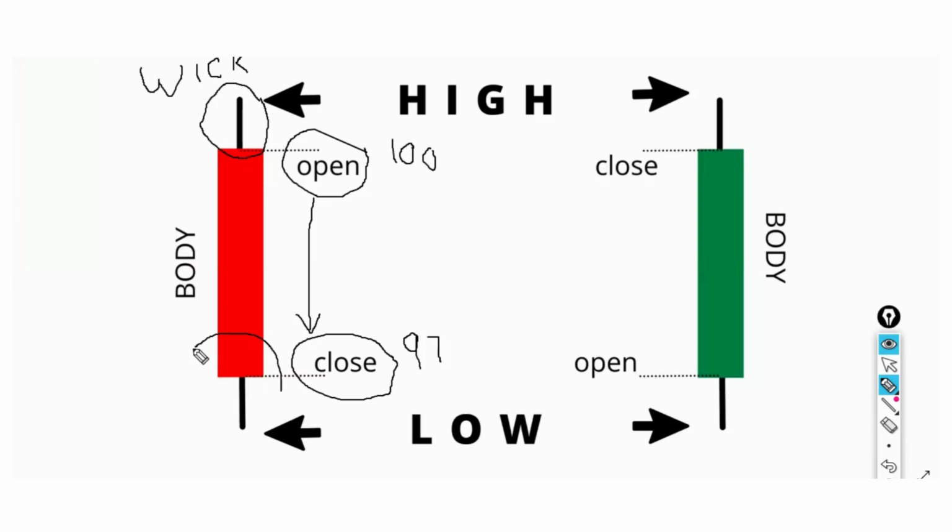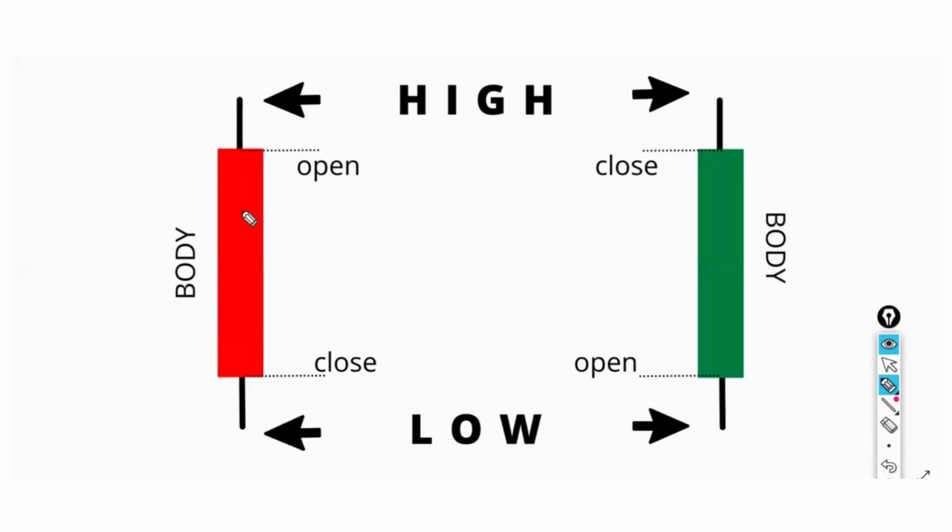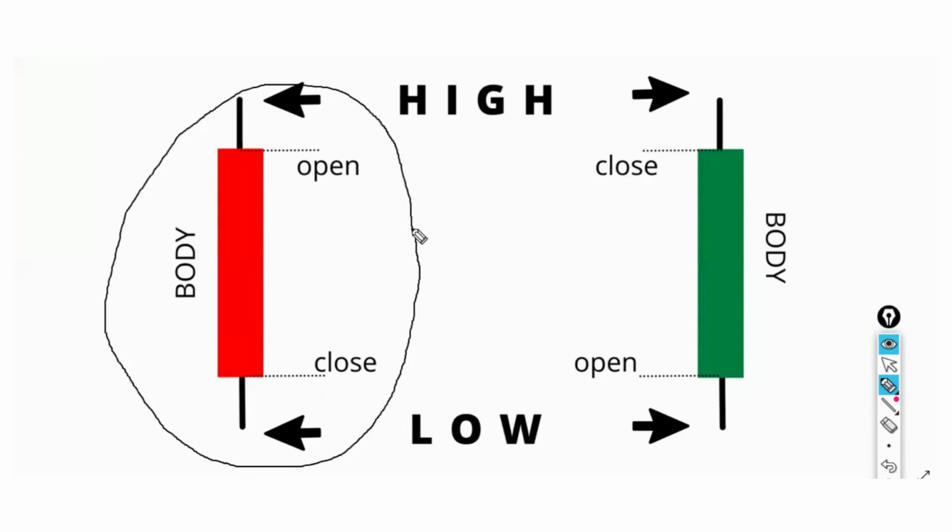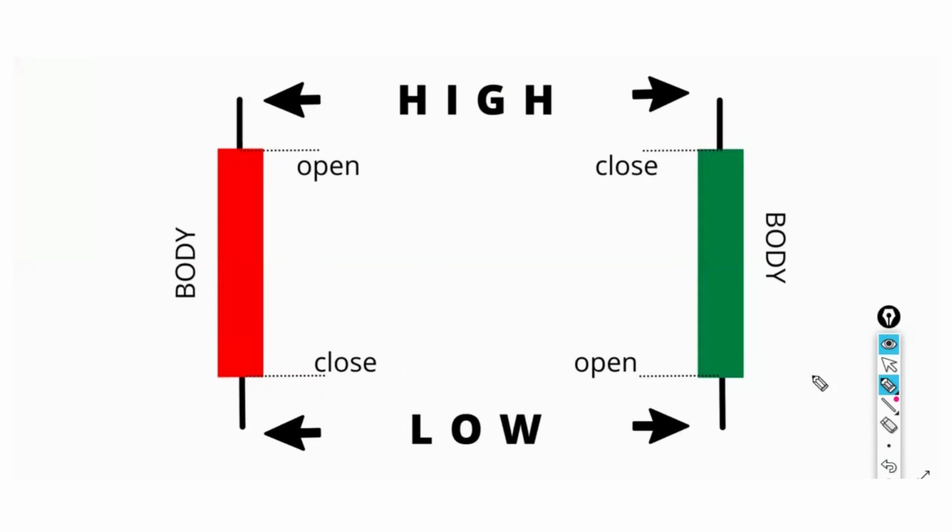Top and bottom wick, and this is the body of the candle. So open, close, high and low. This figure is completely explanatory. So this will be a bearish candle.